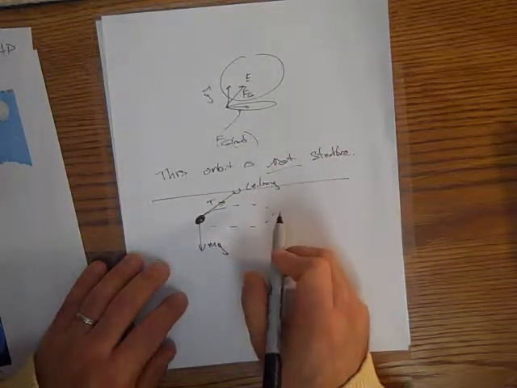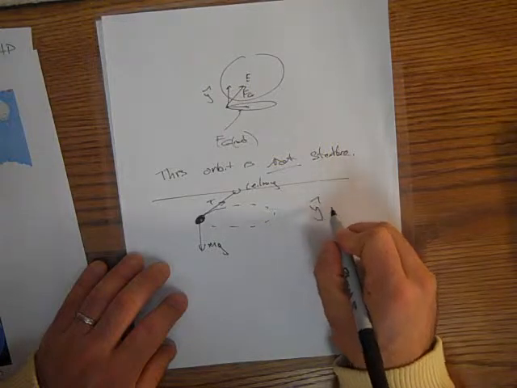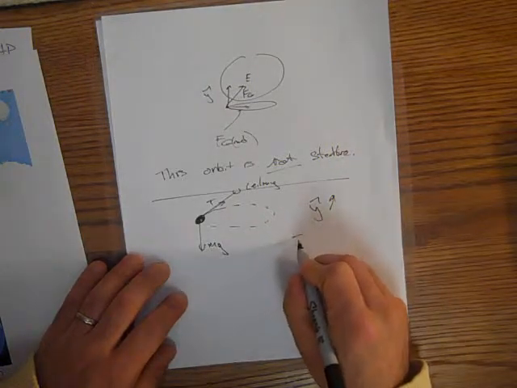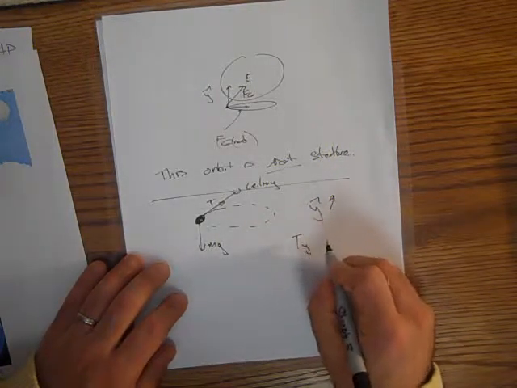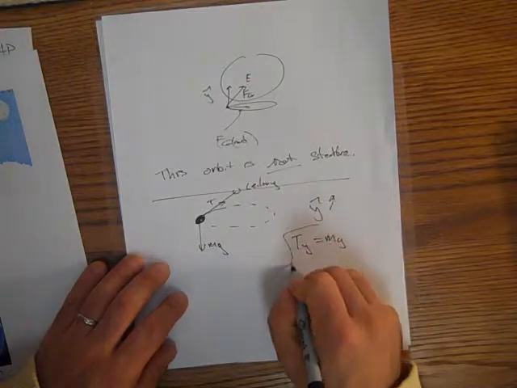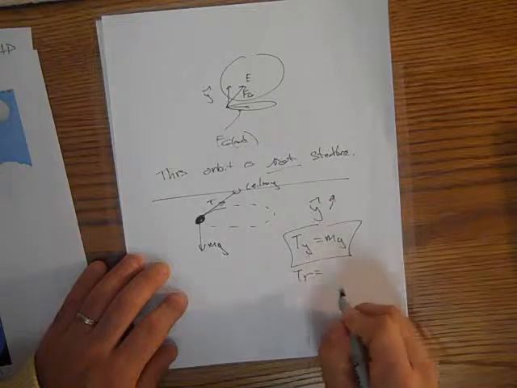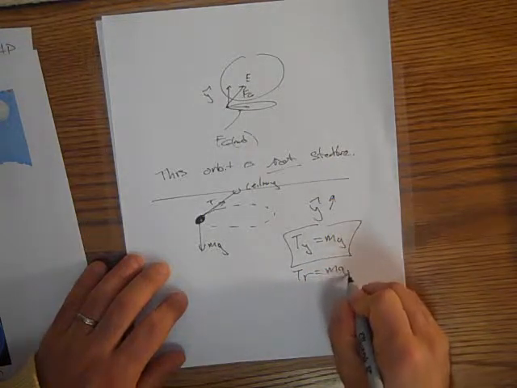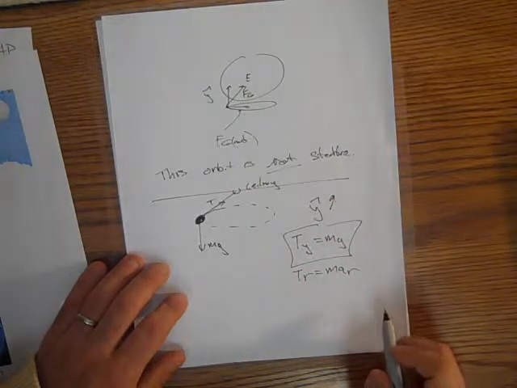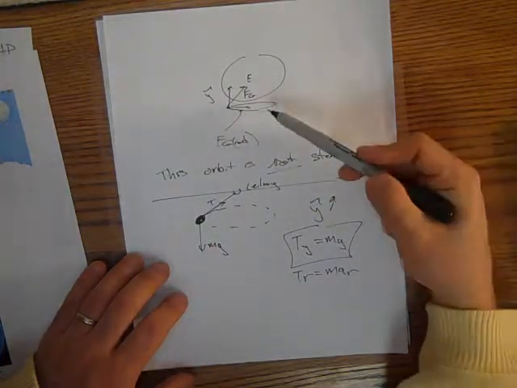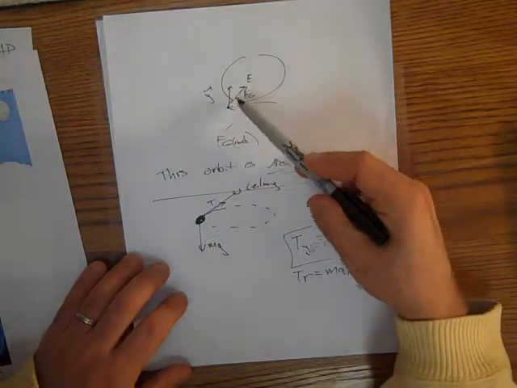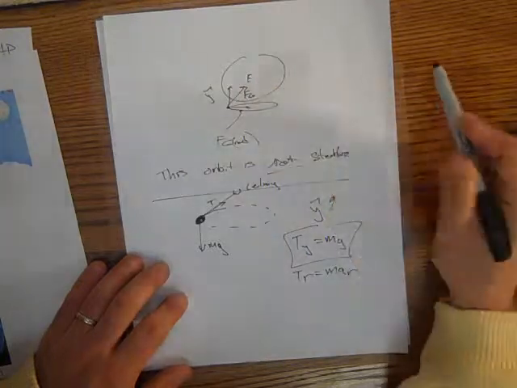So there's a balance. In the y direction, the tension force can balance mg, and the tension force in the radial direction can cause a centripetal acceleration. But there's no counter to the component of gravity in our problem pointing upward.